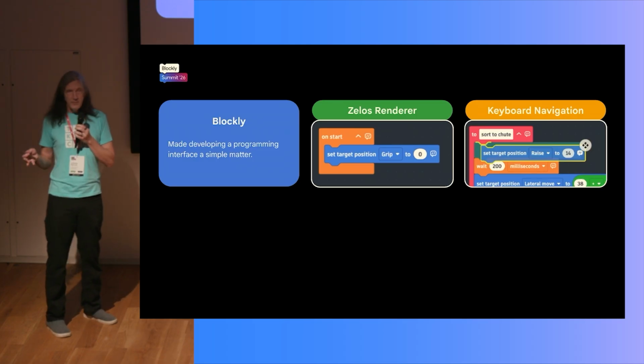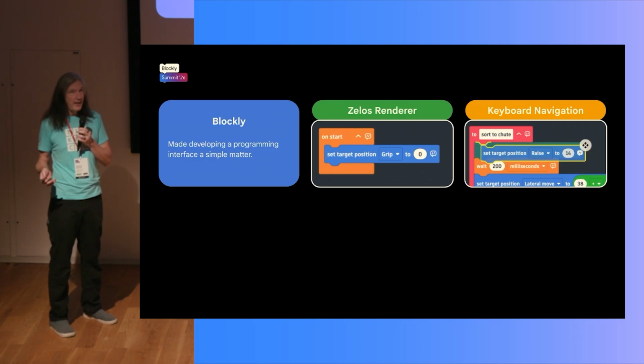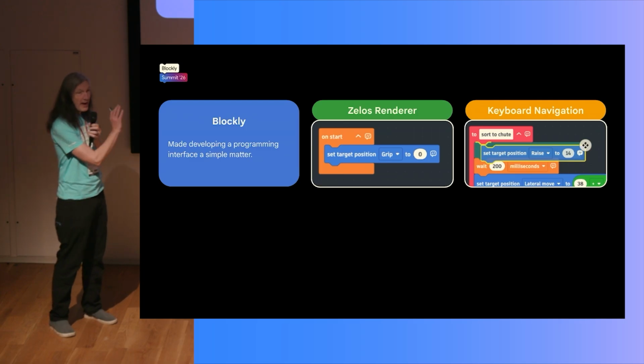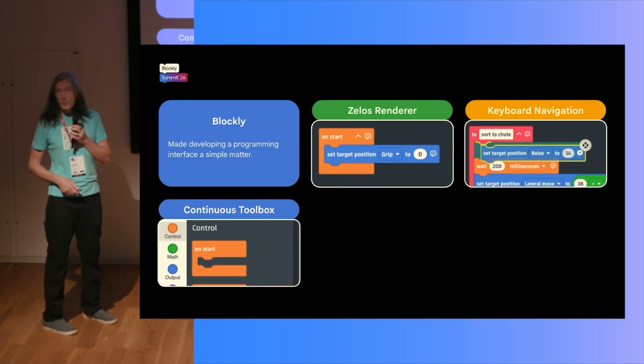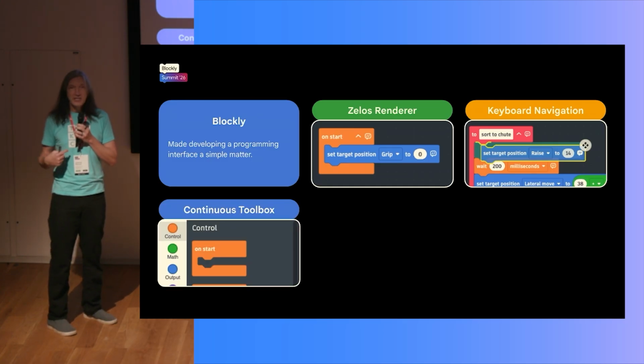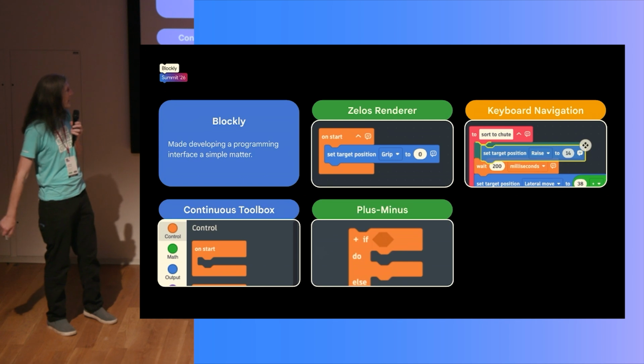Keyboard navigation, thank you so much. This is something we've wanted for a very long time in our blocks code spaces, and we get it out of the gate with this one. So I'm really happy about that. The Continuous Toolbox plugin was really nice for us because we already use this same look and feel for code blocks, so that gave us some consistency.